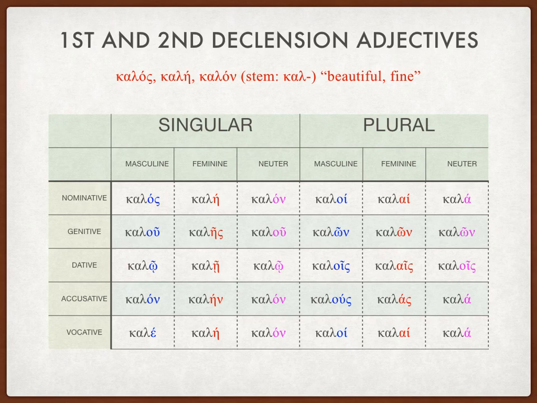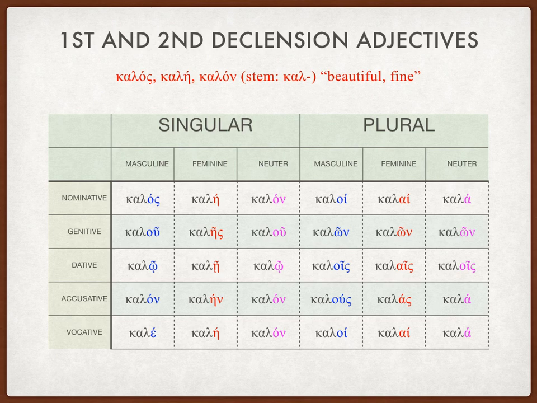I want to be able to move between all the different genders, singular and plural, and all the different cases to describe something, because I could have a single masculine thing, I could have many neuter things, I could have a single female thing that I want to describe as beautiful, or plural. It doesn't matter, but I need an adjective to move between those things.